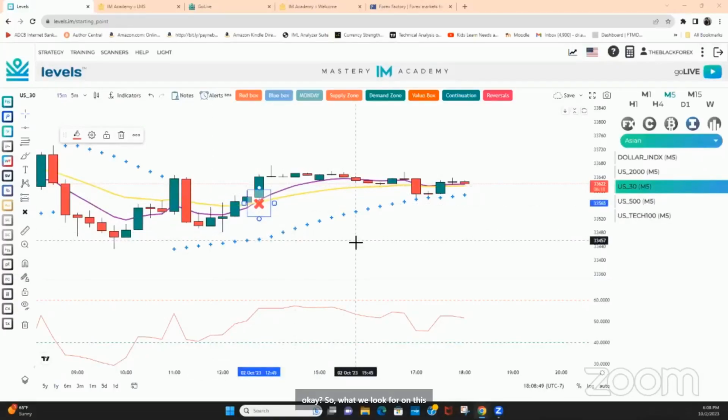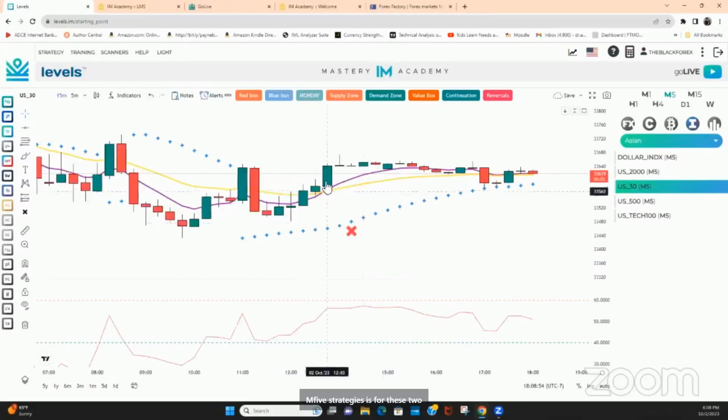So what we look for on this M5 strategy is for these two lines, which are called EMAs, to cross. Here it has crossed. The purple line is on top. The yellow line is on the bottom. When the purple line is on top, you are going to buy.